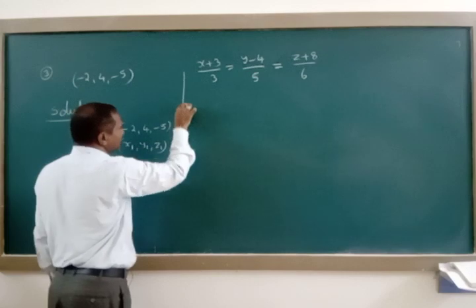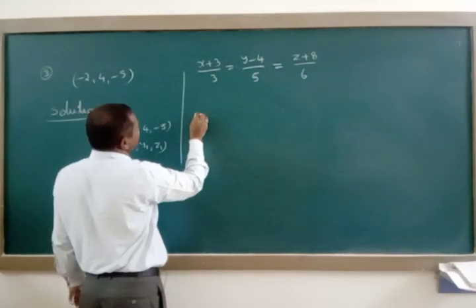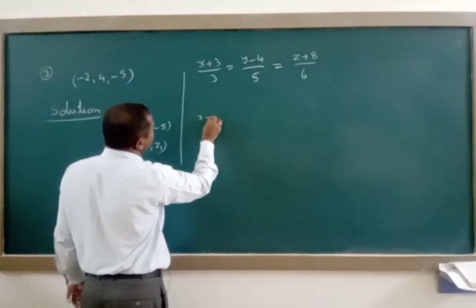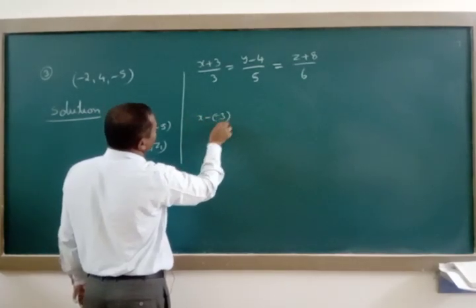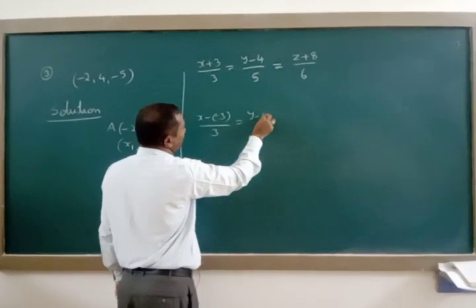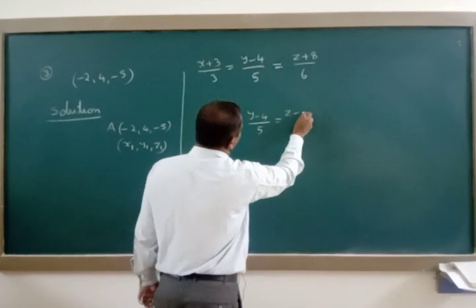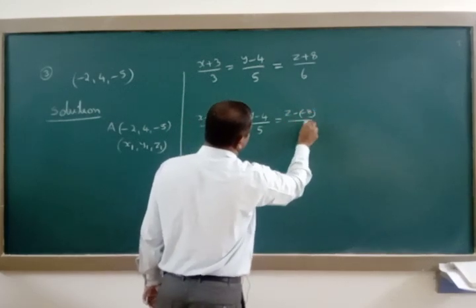Next, let the given line equation be (x minus of minus 3) whole divided by 3, (y minus 4) whole divided by 5, (z minus of minus 8) plus, can be written as, 6.